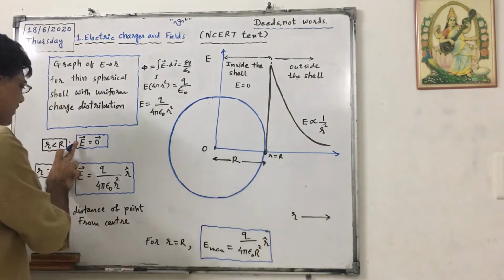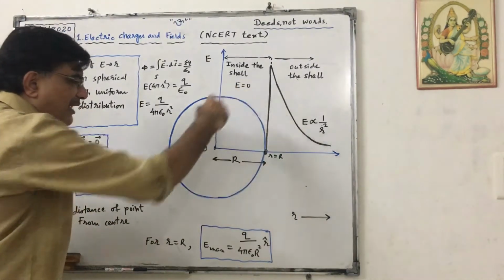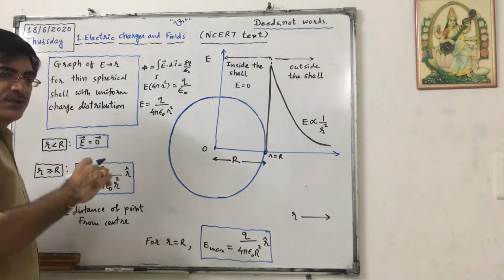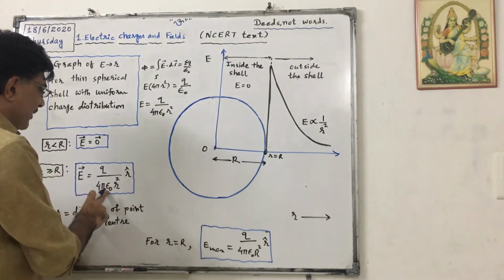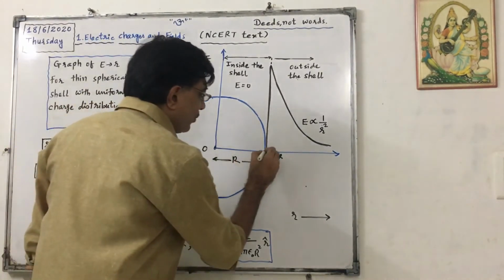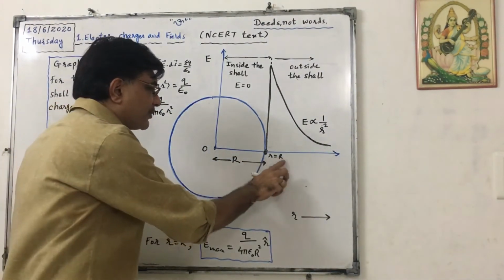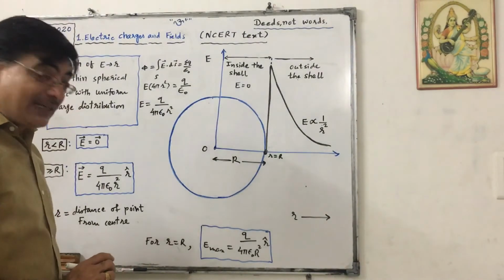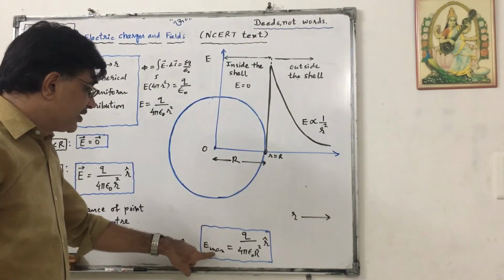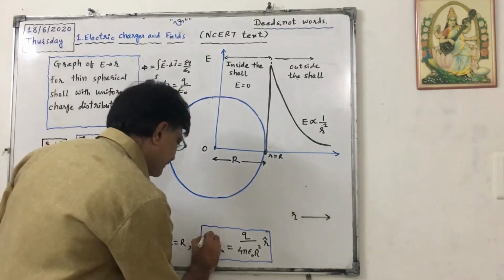For inside, the vector form is vector E equals vector 0 for all the points inside the sphere, and for outside points the formula is q upon 4 pi epsilon naught r square into r cap. It is true for a point on the shell also, but then we have to put small r equals capital R. The formula becomes q upon 4 pi epsilon naught capital R square into r cap.